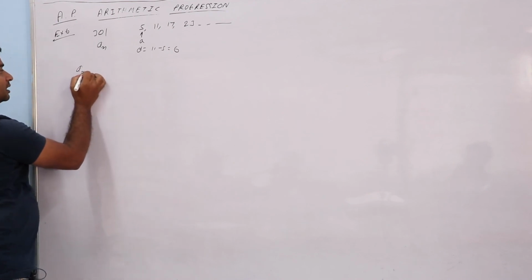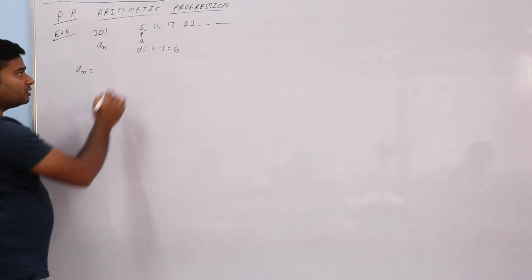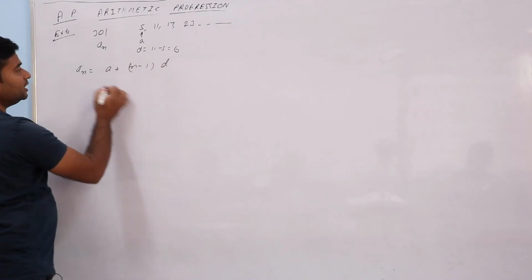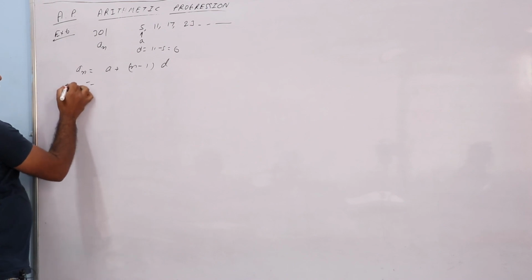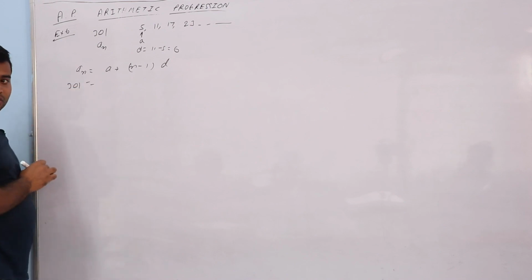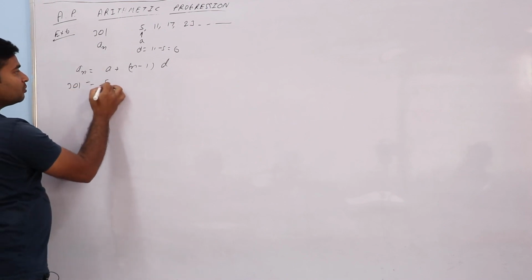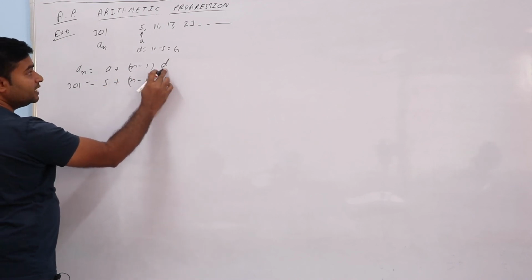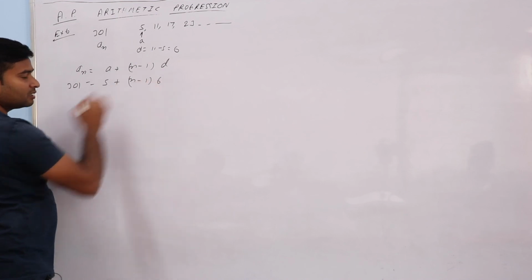Which formula? an is equal to a plus (n minus 1) into d. So an is how much? 301. a is 5, plus (n minus 1) into d, d is 6.